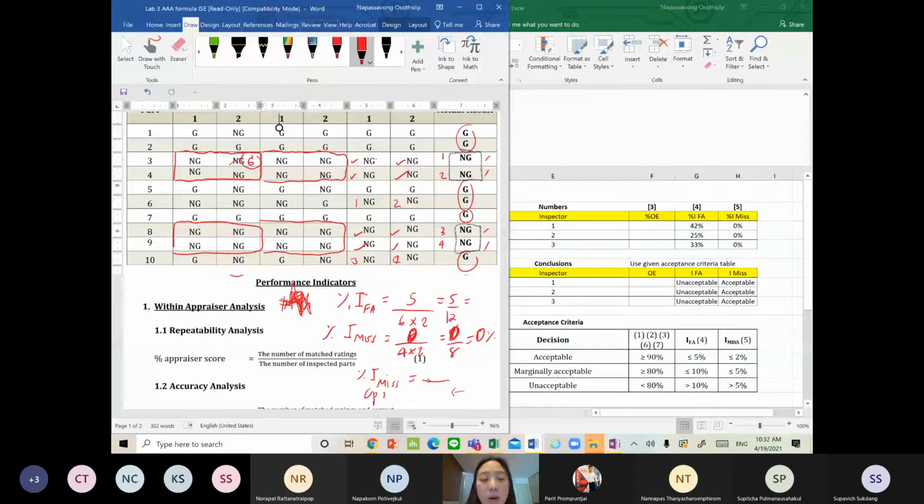And the upper part is 1, because there's one time that they tell incorrectly, G instead of NG. So 1/8 is 12.5%.